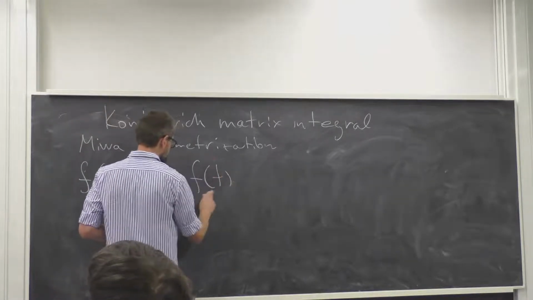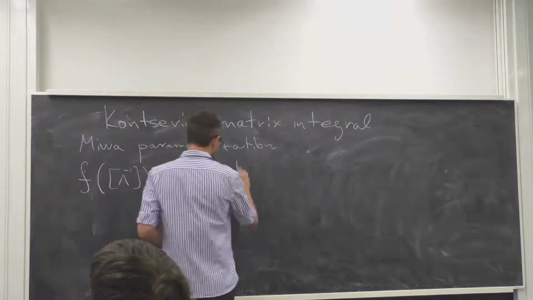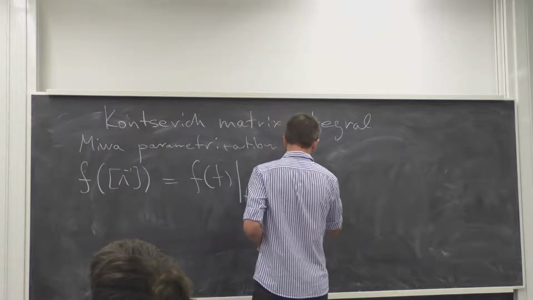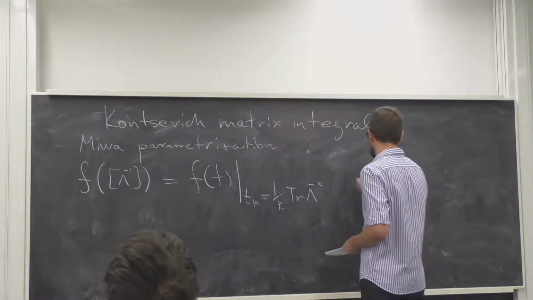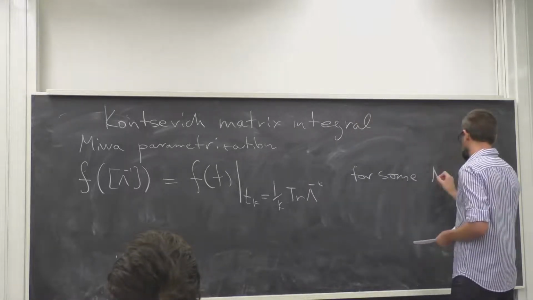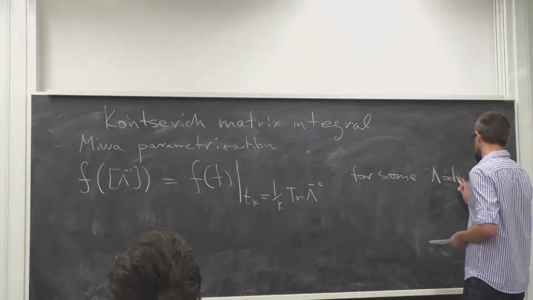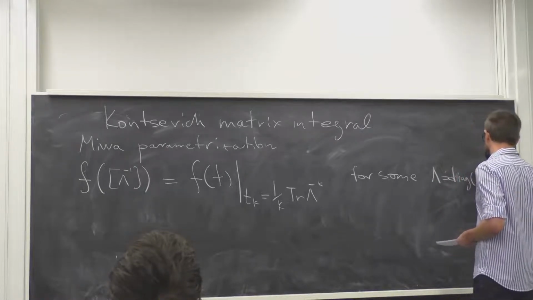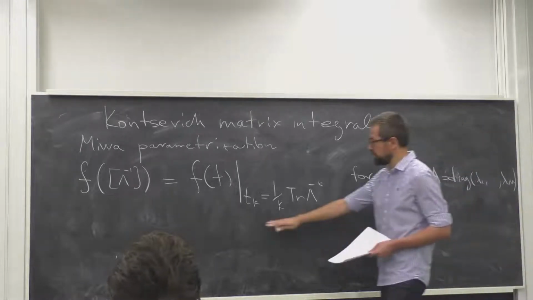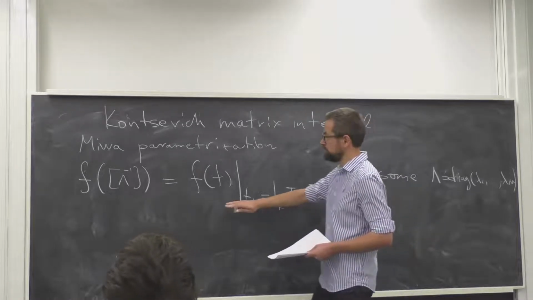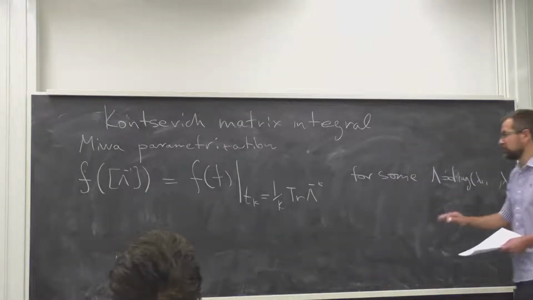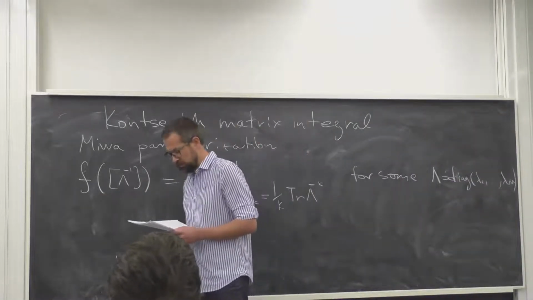For any function of t, we substitute t_k with 1 over k trace lambda to the minus k for some matrix lambda, which we can assume is diagonal. Instead of the infinite dimensional space of variables t, we will have some finite dimensional space of eigenvalues of this matrix lambda. And this is what is called the Kontsevich parameterization.